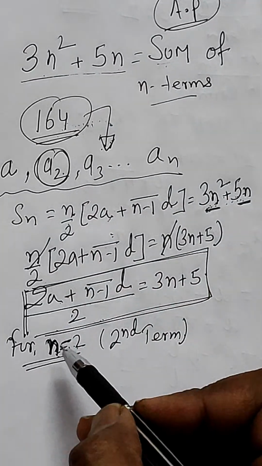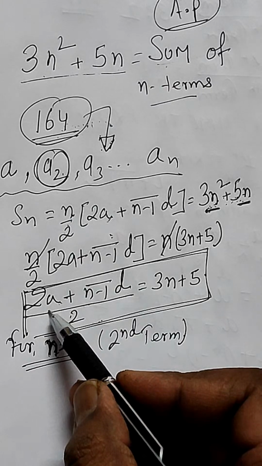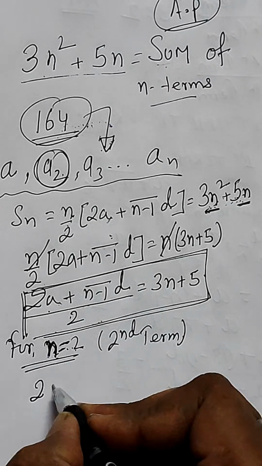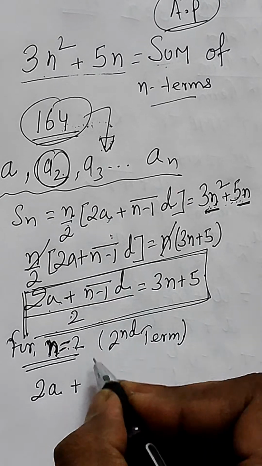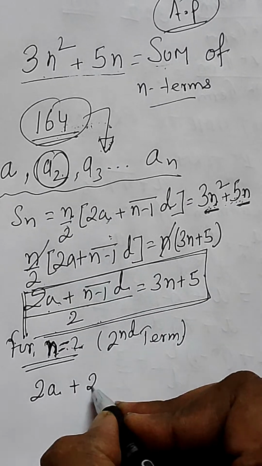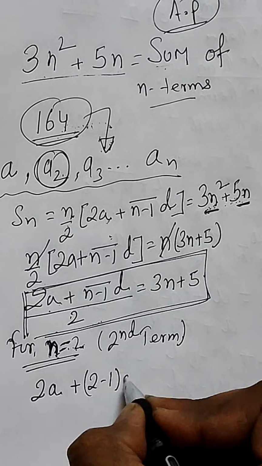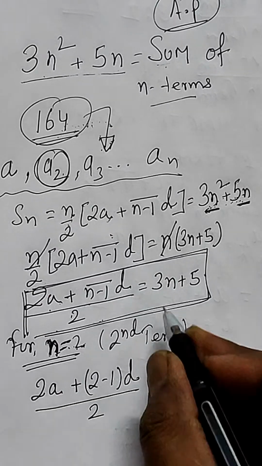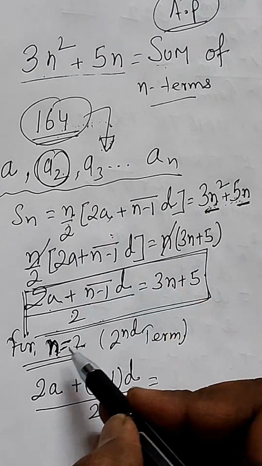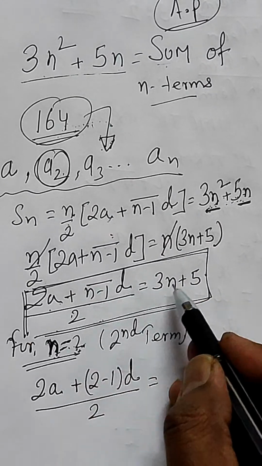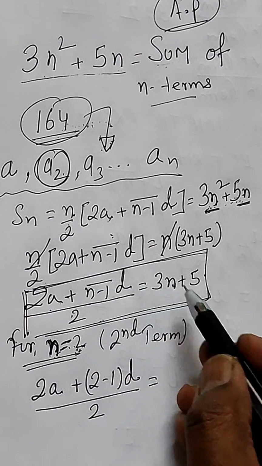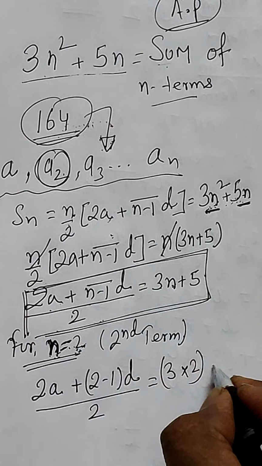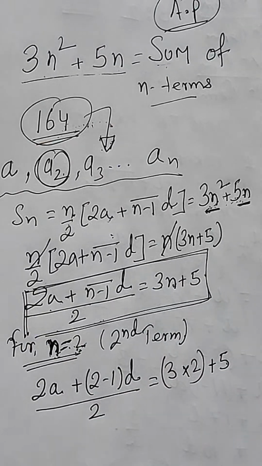So for n equal to 2, the LHS will look like 2a plus 2 minus 1 into d divided by 2, equal to 3 into n, with n equal to 2, so 3 into 2 plus 5.